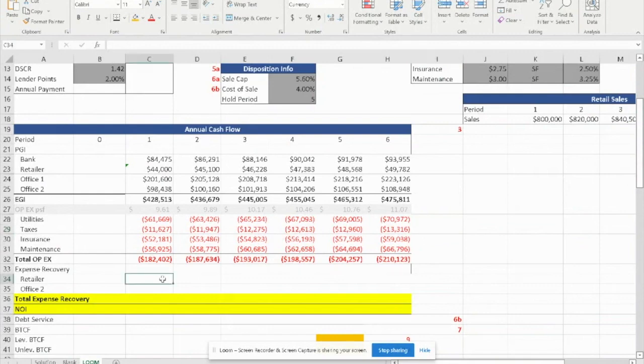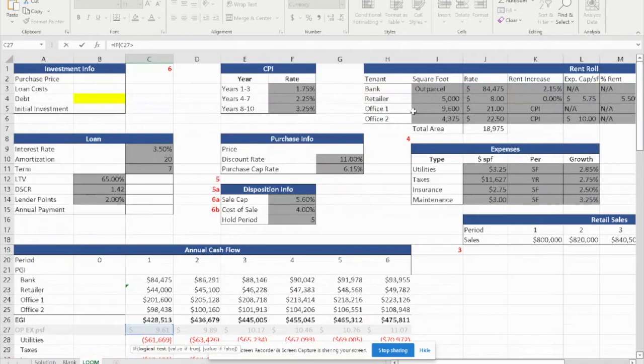To do that, we're simply going to say equal if this $9.61 per square feet is greater than the expense cap for that retailer, that's the one that has an expense cap of $5.75, simply multiply that $5.75 times the square footage for that retailer, comma, if not, multiply the square footage for that retailer times the $9.61 and close the parentheses.